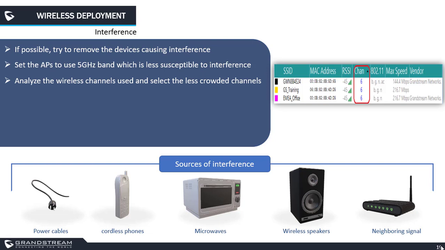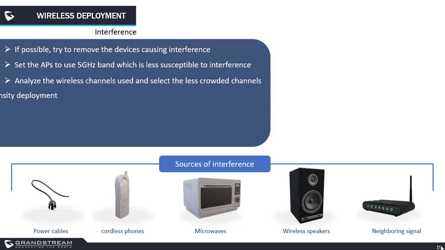If you have multiple access points using the same channel, all of them will be competing for time on that same channel, and that's what we call co-channel interference, or CCI. To avoid that issue, you can run Acrylic, or you can use GWN Cloud site survey to detect which channels are being used, so you can try to put your access points on a different channel.